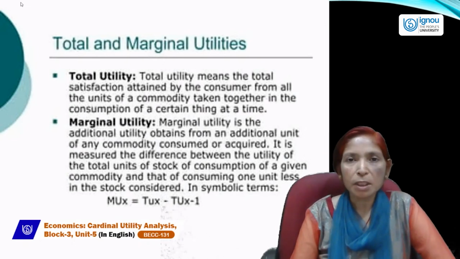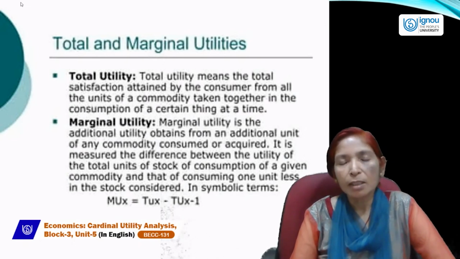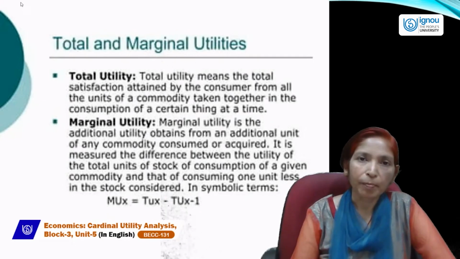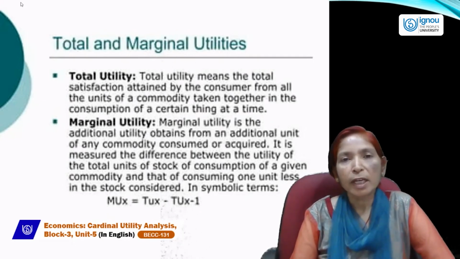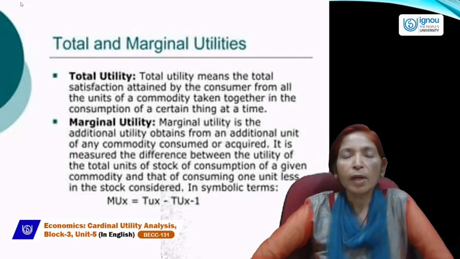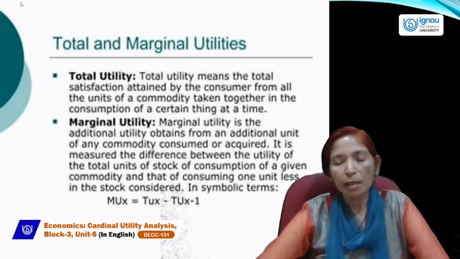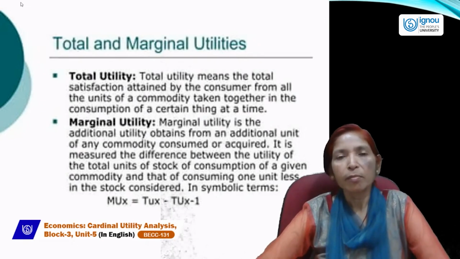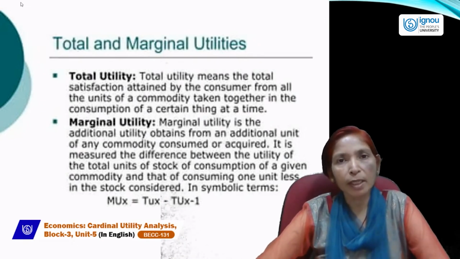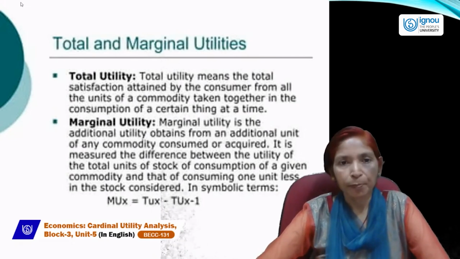If change in total utility is divided by change in number of units, then we get marginal utility. And if we take the difference between total utility TUn minus TUn minus 1, that is also the formula of marginal utility. So this is the definition of total and marginal utility.